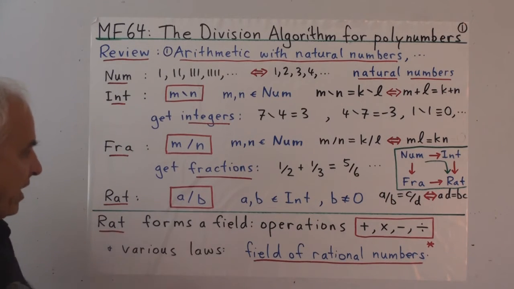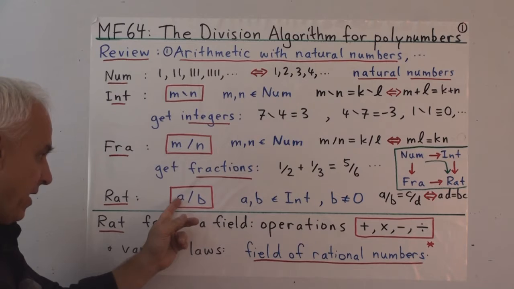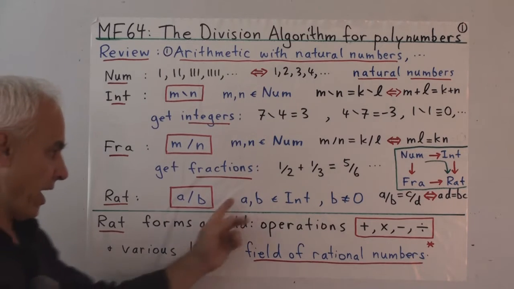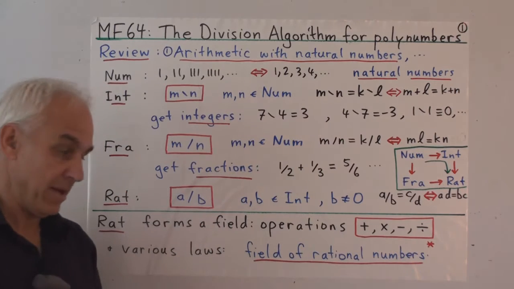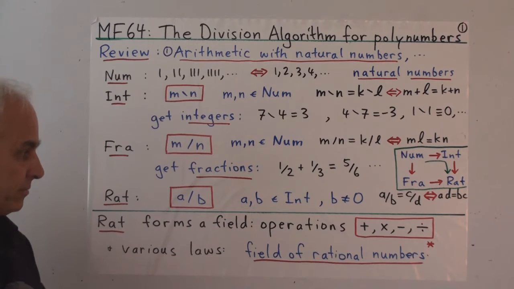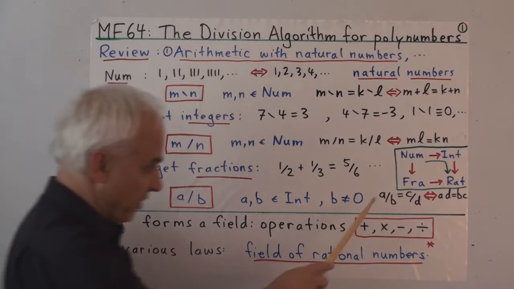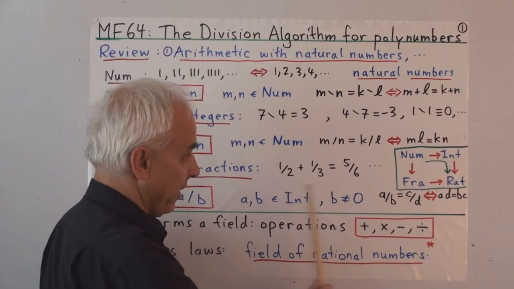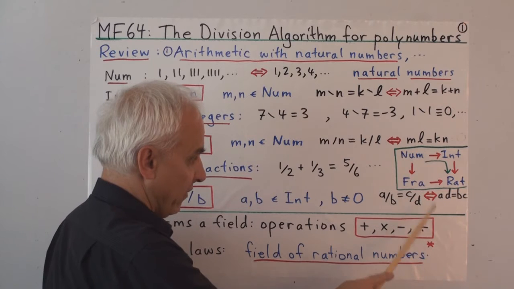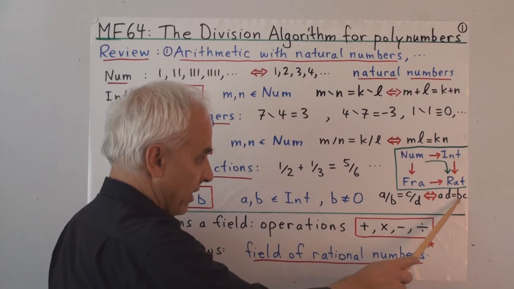We consider ordered pairs of integers, so a and b are integers, and we consider expressions of the form a over b, where a and b are integers, but with a special requirement that the second one, b, must not be 0. And the notion of equality between these rational numbers was very much like the one up here: a over b equals c over d precisely when ad equals bc.